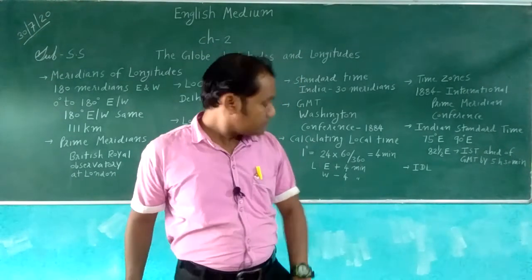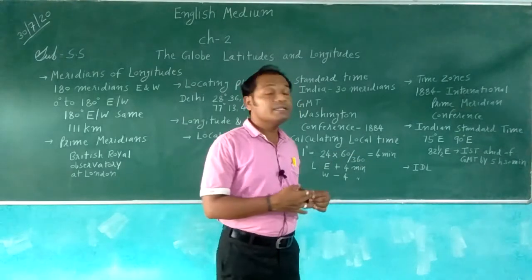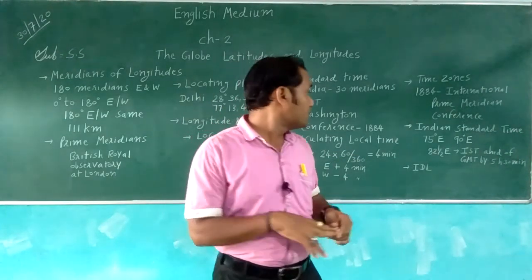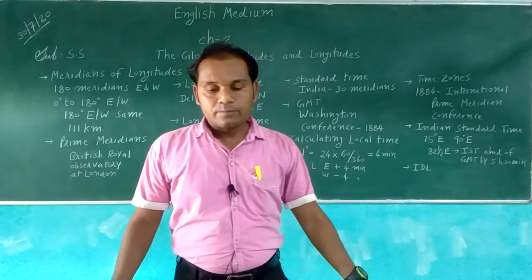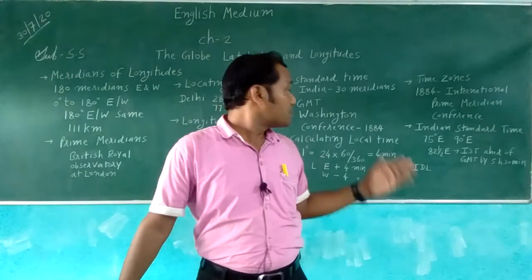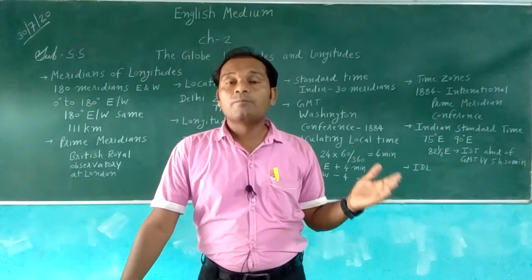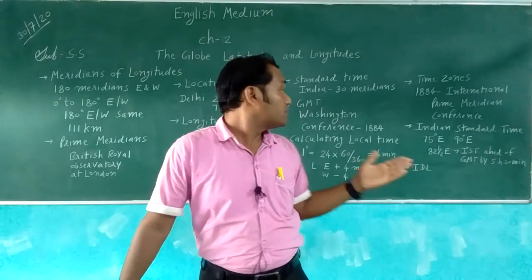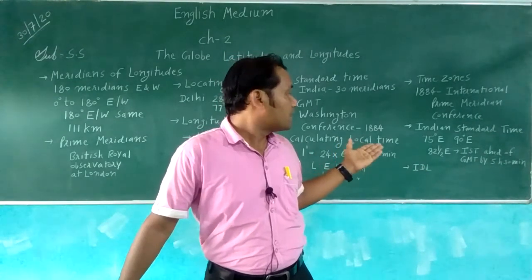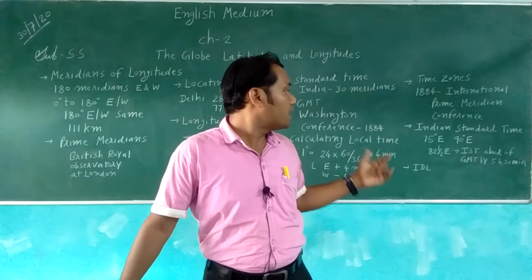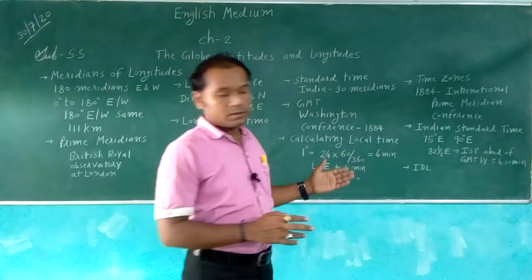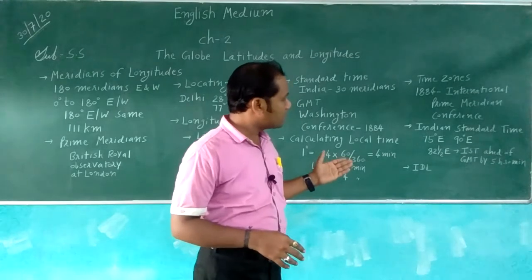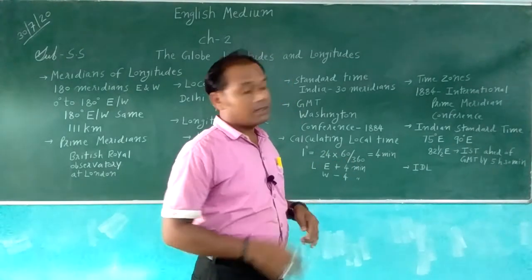This 82.5 degrees east meridian passes through Mirzapur and Prayagraj in India. That time is selected, and it is ahead of GMT by 5 hours and 30 minutes.